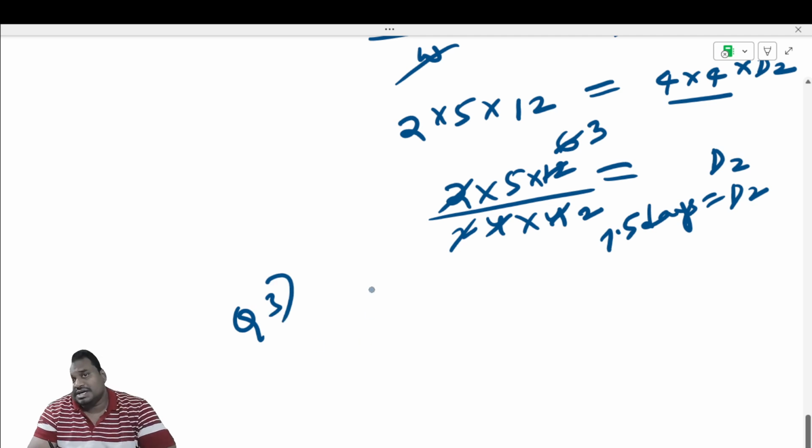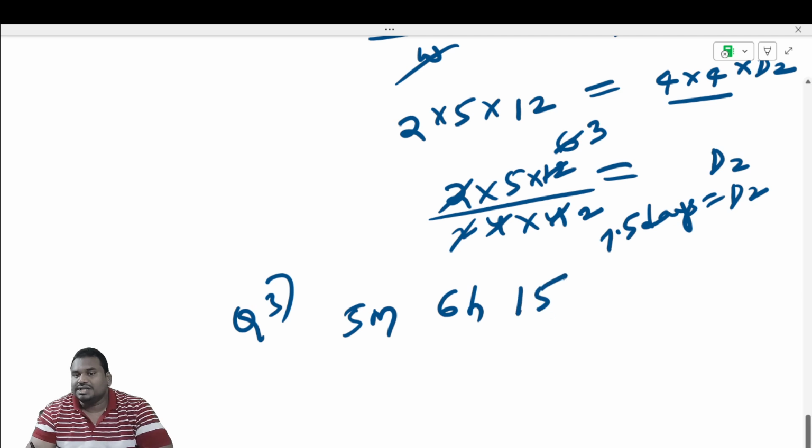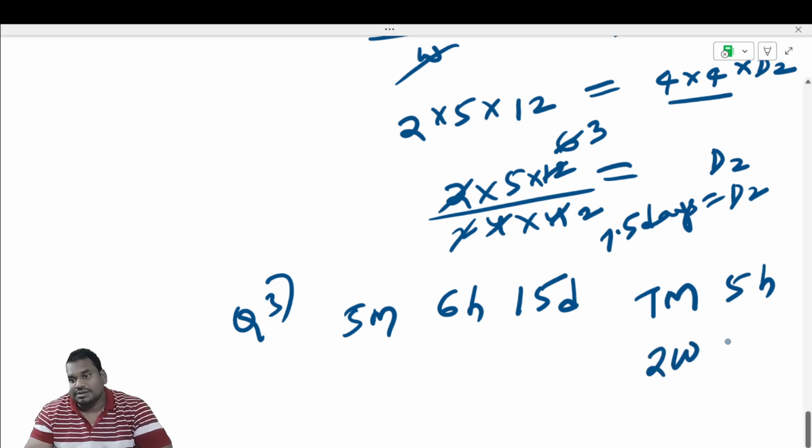Sometimes the work will be doubled. So you will be asked a question like this: when 5 men working 6 hours a day to complete some work took 15 days. Now, when 7 men working 5 hours a day to complete double the work, 2W, how many days do they take?